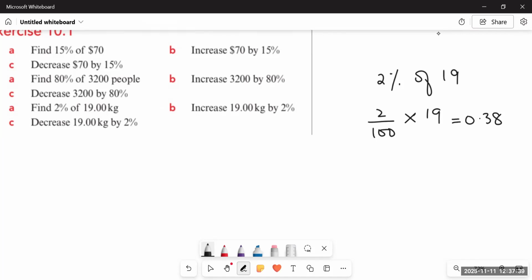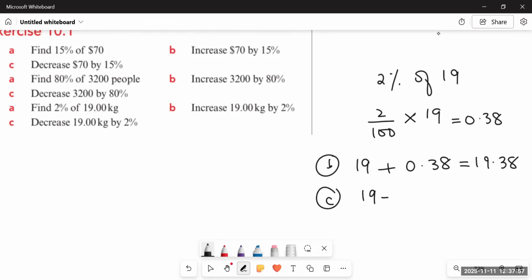Now, if we have to increase 19 kg by 2%, what will we do? We will add 0.38 with 19 and it will be 19.38. And if it says decrease 19 kg by 2%, so what will we do?